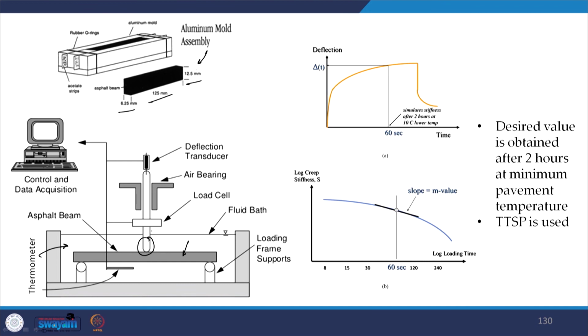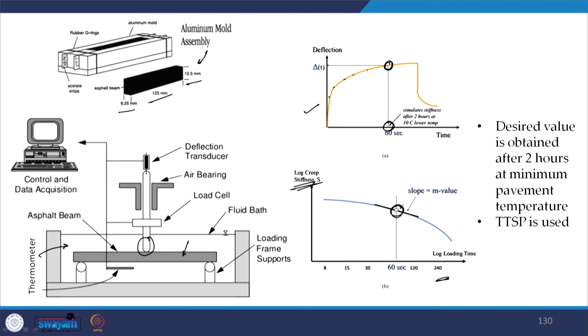We monitor the deflection versus time data, and we take the deflection value at 60 seconds and use it in the formula we discussed to calculate the stiffness. Since we are also monitoring at different points, we can find the stiffness and plot the creep stiffness versus time, and at 60 seconds we see what the slope is here.